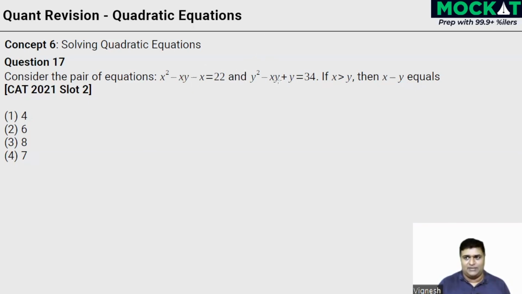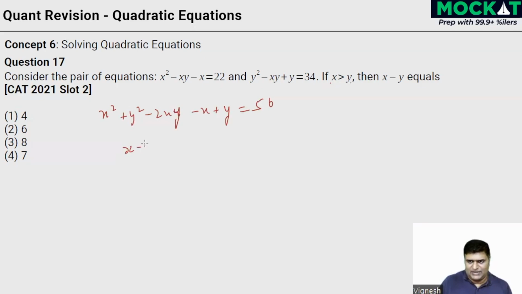As against adding the two up and seeing what's happening. If I add these two equations, I'm getting x square plus y square minus 2xy. Then a minus x plus y, right? Minus x plus y equals 22 plus 34, which is coming to 56. Now, x is greater than y. How do I write this?